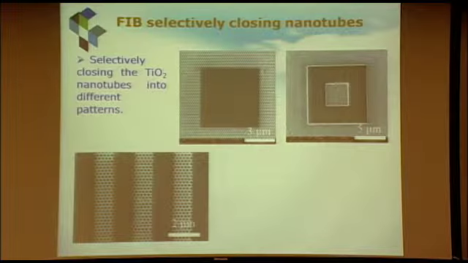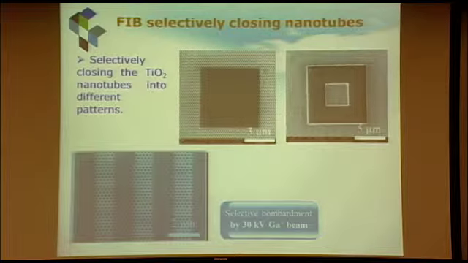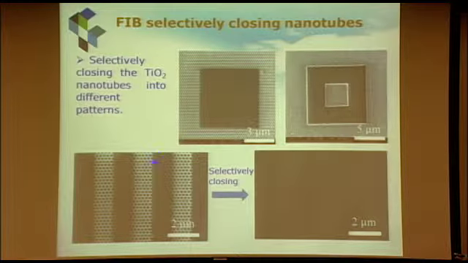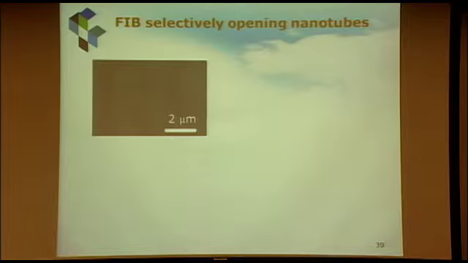And then another thing I want to show you is, we have these closed and open regions, right? And then if we want to close them again, we can go back, close the whole thing. So it gives you the opportunity to close certain pores and then do something and then cover up the whole area.